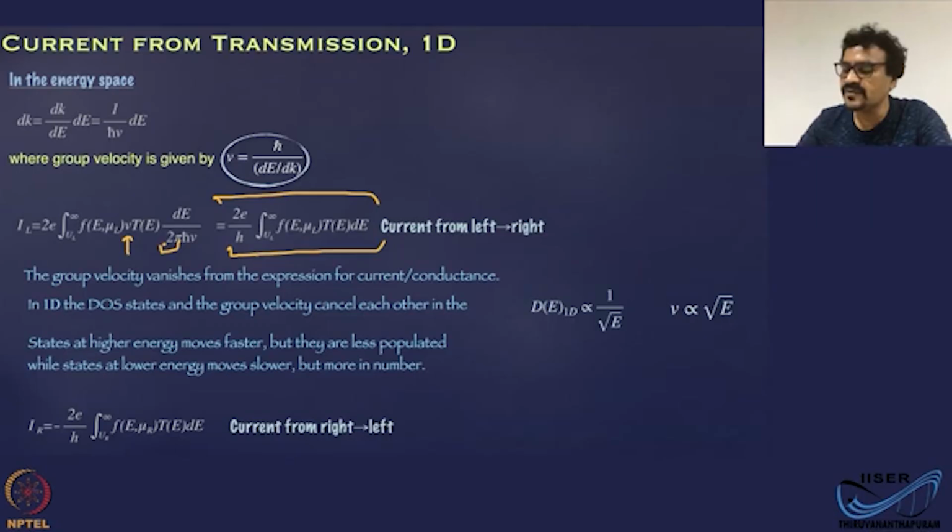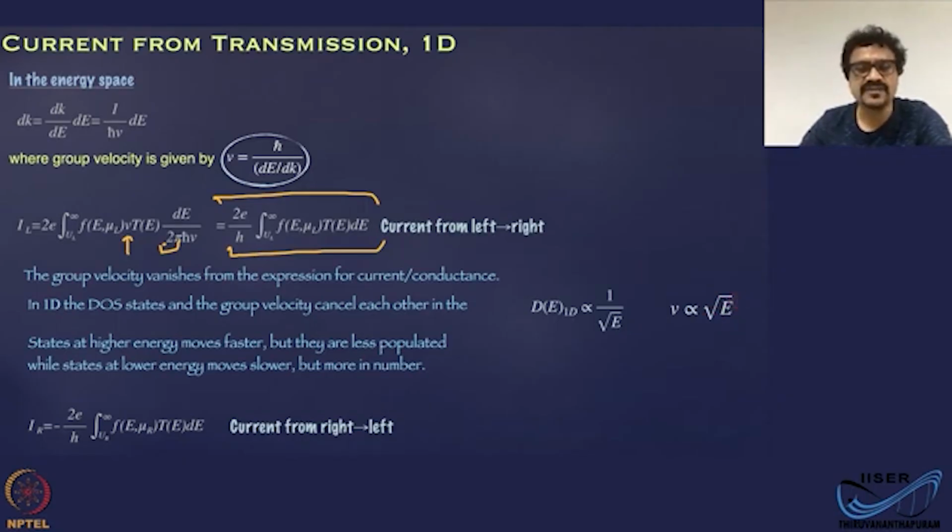Because the group velocity v and the density of states also have a beta, and the integral over E actually has a Newton. Conceptually, you can think that the states at higher energy move faster, because velocity is proportional to the square root of energy.